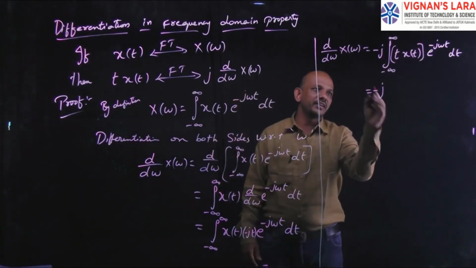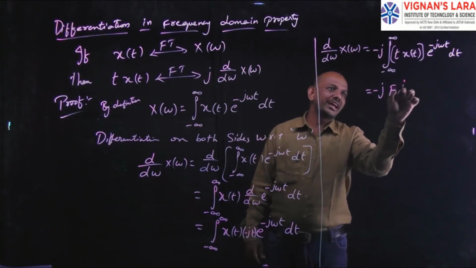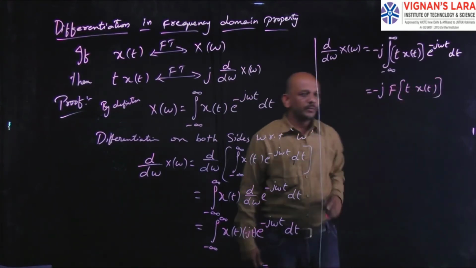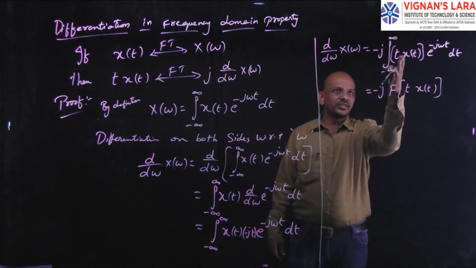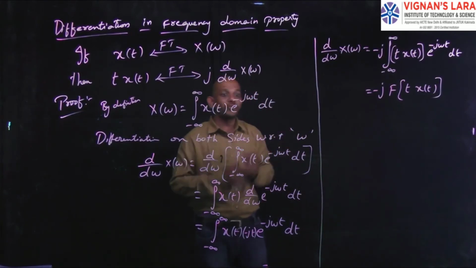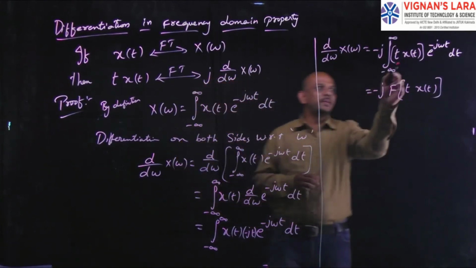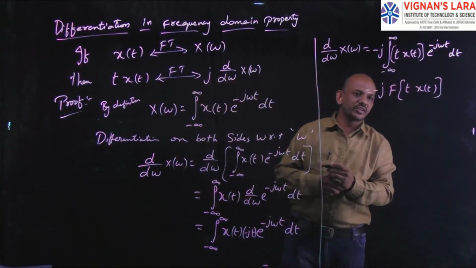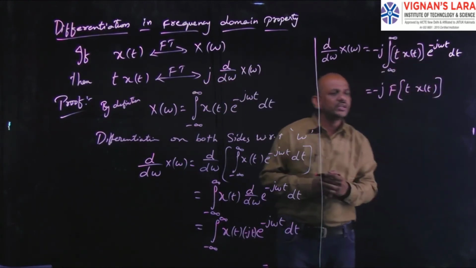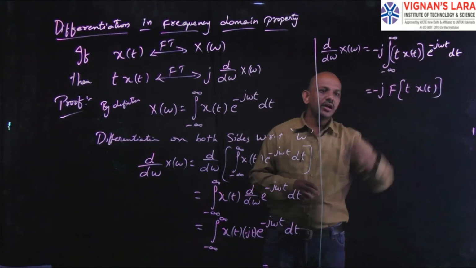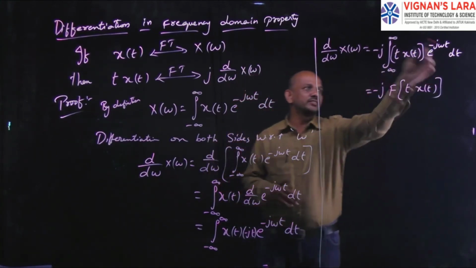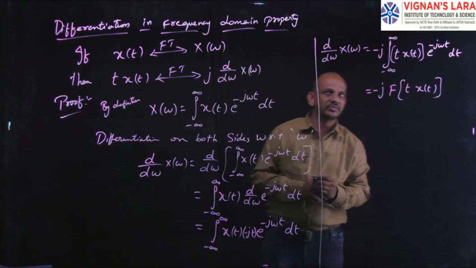So I can simply write minus j into Fourier transform of t into x of t, because if it is x of t, then integral minus infinity x of t e power minus j omega t dt is a formula for Fourier transform of x of t. So in place of x of t I have t into x of t, remaining all same, integral minus infinity t into x of t e power minus j omega t dt. So this will be the formula for Fourier transform of t into x of t. So I replace this with Fourier transform of t into x of t.